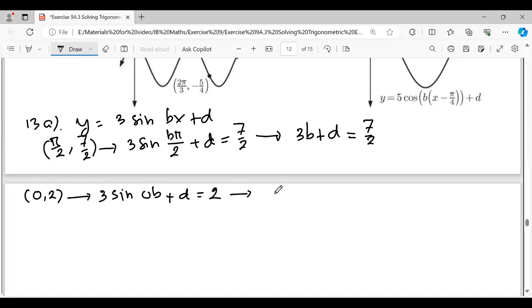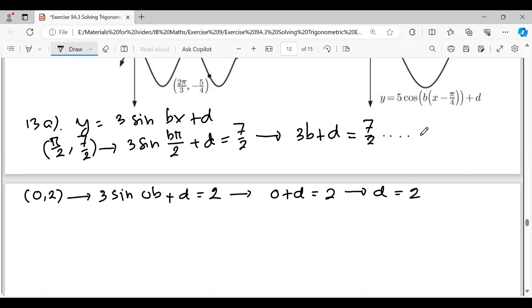Because sine 0 equals 0, it's going to be 0 plus d equals 2. So d equals 2.